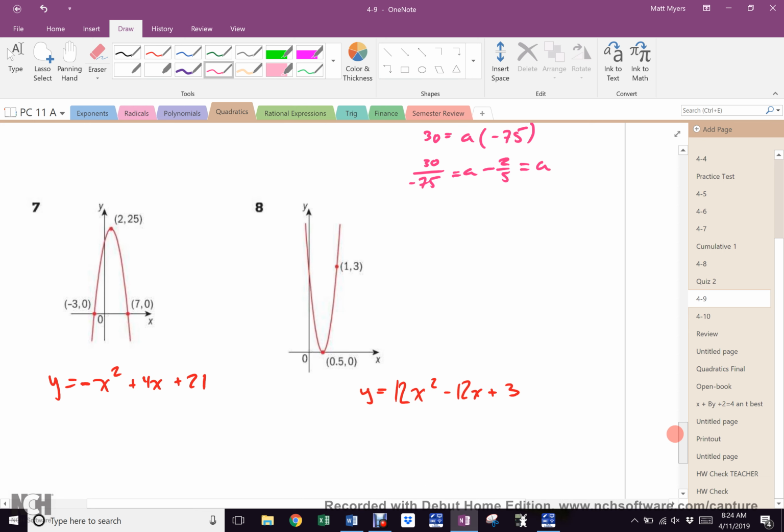And 7 and 8 are right there. I'll do 5 in a moment. Everybody okay with 7 and 8?